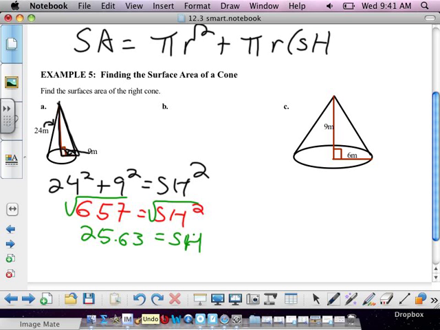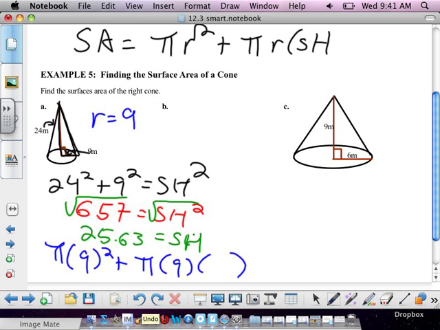Now, if we're looking at that formula, what else do I need besides the slant height? The radius, right? What's the radius for this problem? 9. So I'm going to go pi times the radius, which is 9, squared, plus pi times 9 times the slant height, 25.63.